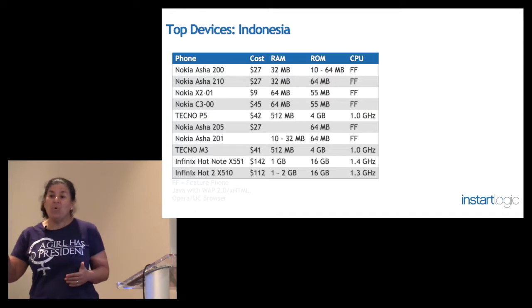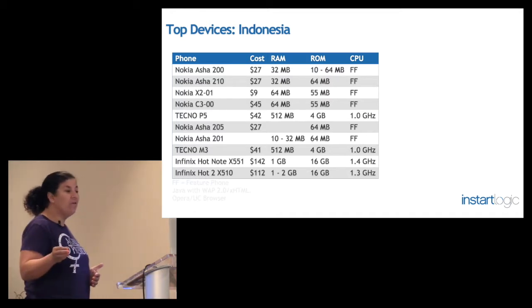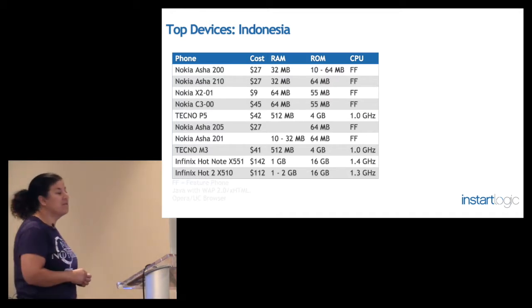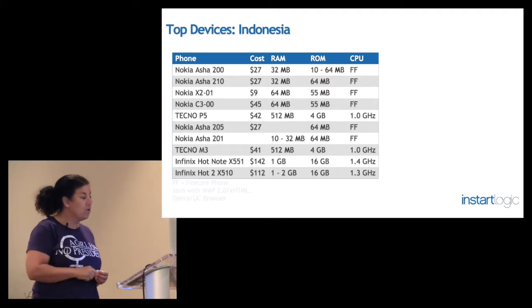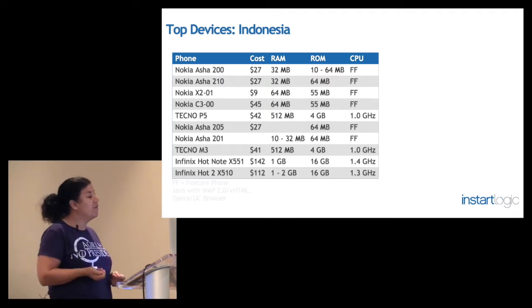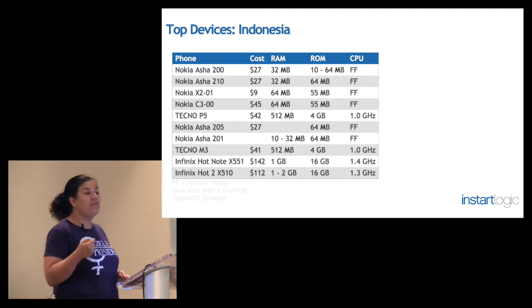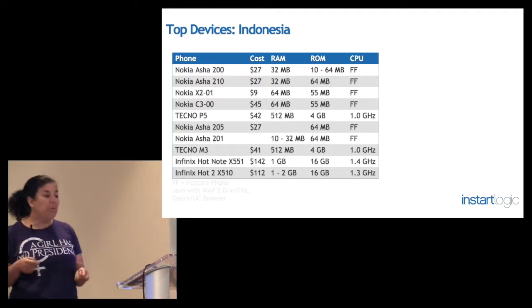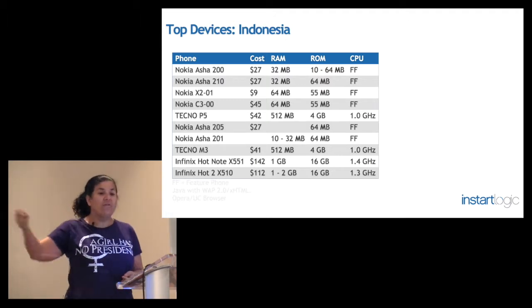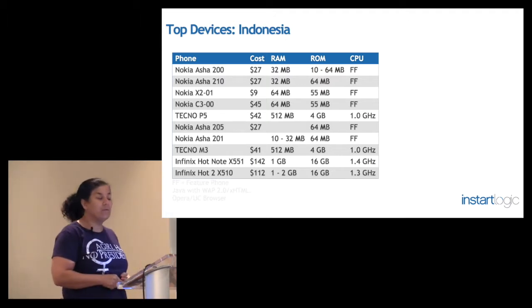And for those of them who are online and have mobile phones, these are the most popular devices in Indonesia from last year. The FF stands for feature phone. So when you're thinking about the next 3.2 billion users, or at least the next billion users, these are the phones that you need to be thinking about.